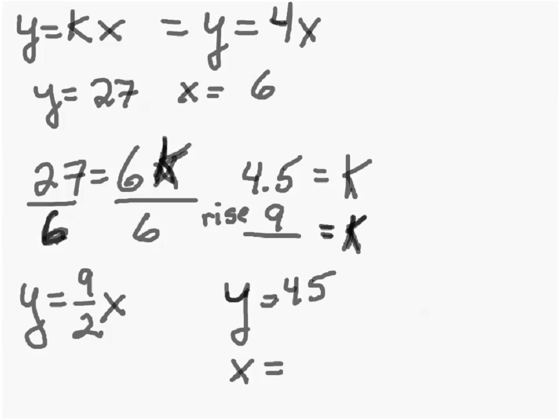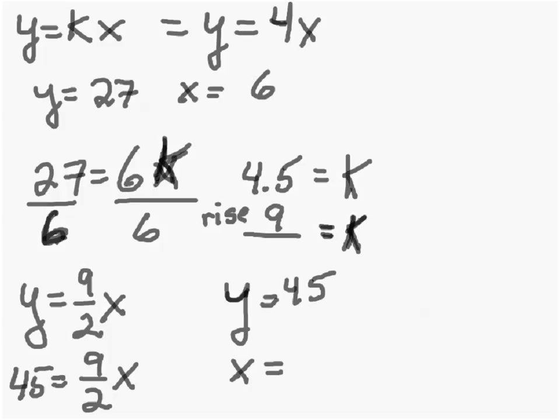Replace the y? Yes! Let's replace the y with the 45. So now we have 45 equals 9 halves x. Okay, so now we have just this x variable. So, Justin, tell me what we do. Now we divide. Right.